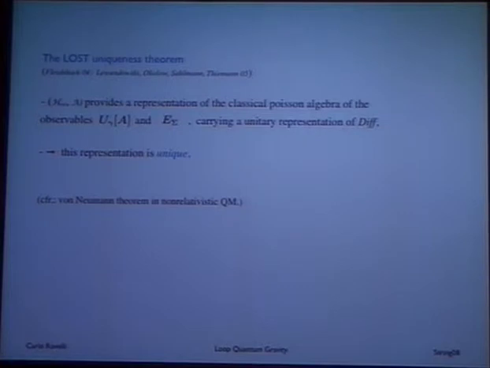First of all, this Hilbert space is a representation of the Poisson algebra of those classical operators, and is unique. This is a theorem, called the LOST theorem, after the names of the people who proved it, which in a sense solidifies this construction. The theory was constructed by hand, sort of physicist style. The representation is unique up to unitary equivalence, namely, if you want to quantize the diffeomorphism invariant theory in terms of these observables, this is the only thing you can do.